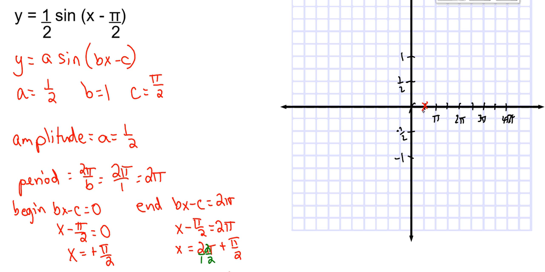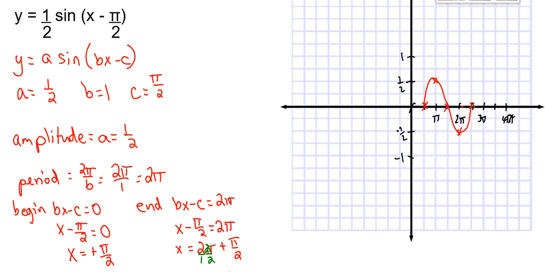And then we have to think about getting to 2 pi is right there. So our cubbyhole is 1, 2, 3, 4, and that would be 5 pi over 2, which is 2.5 pi. And so I'm at the middle, then the top, then the middle, then the bottom, then the middle. And let's just draw that in.